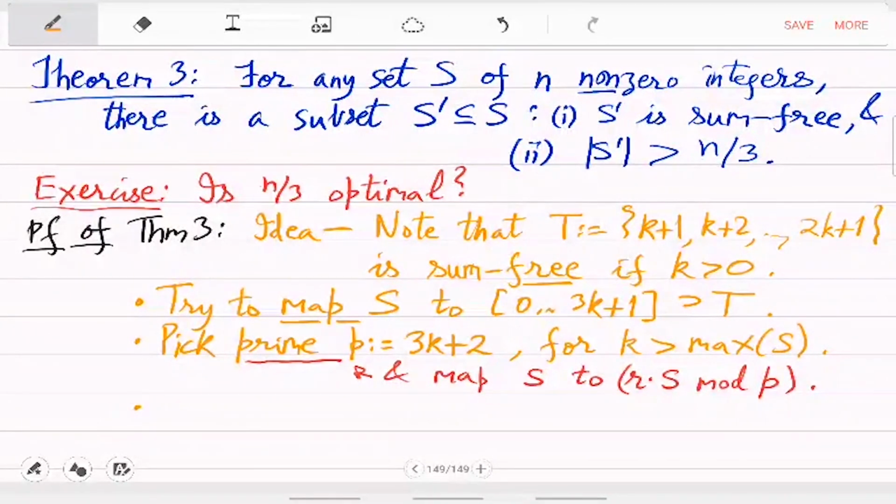And here note that if you reduce the numbers in T mod P, even then it is sum free.